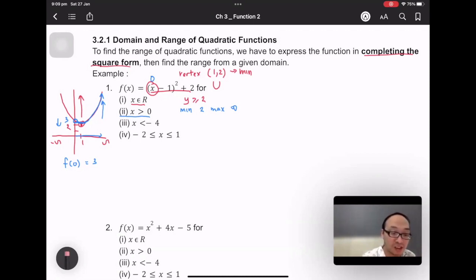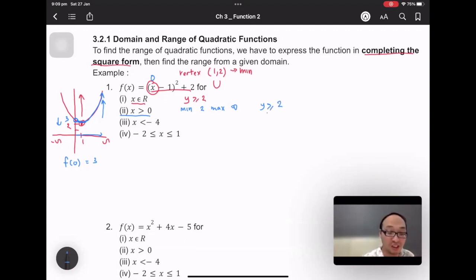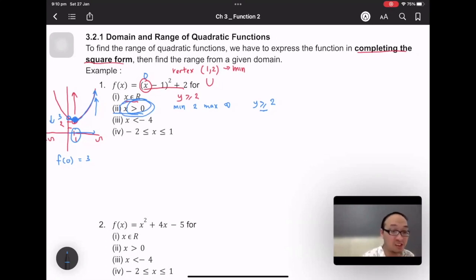So the range will be y greater than or equal to 2. We use inclusive here because 2 is within the domain. The 0 is exclusive, but since the minimum point is when x equals 1, which is within this domain, the range is inclusive.